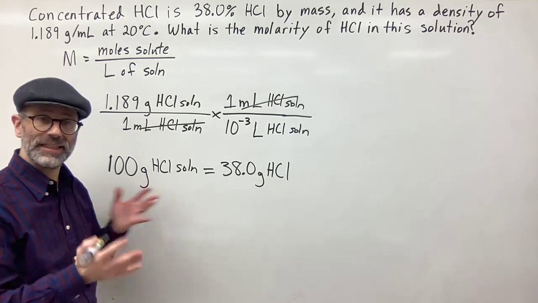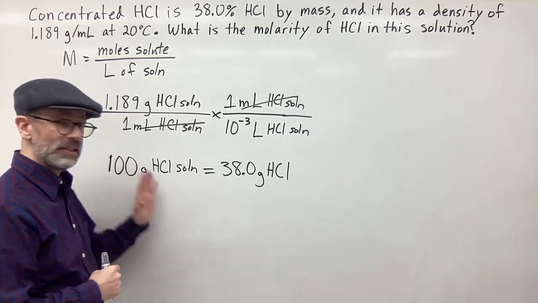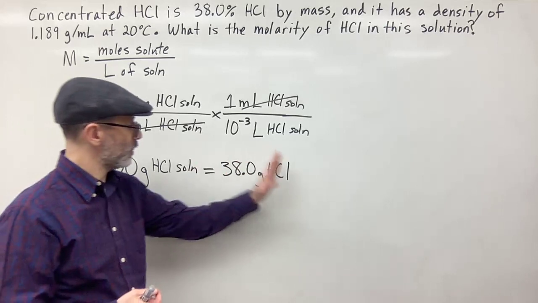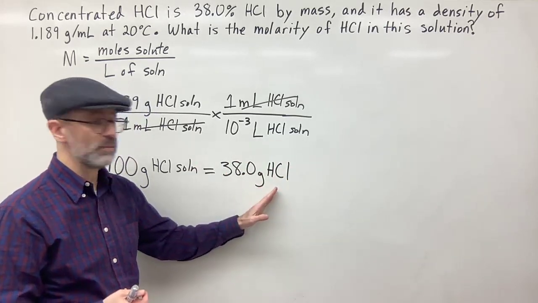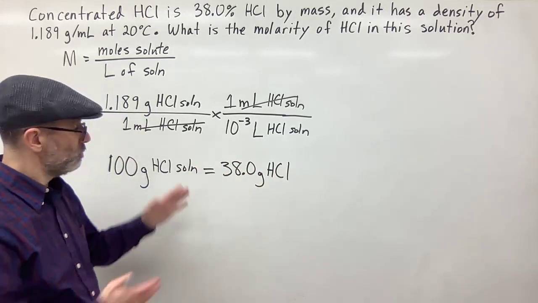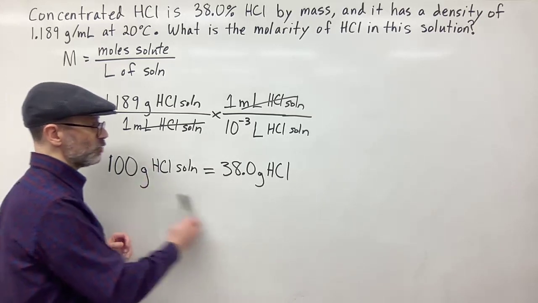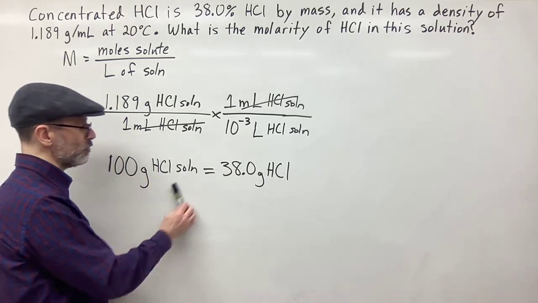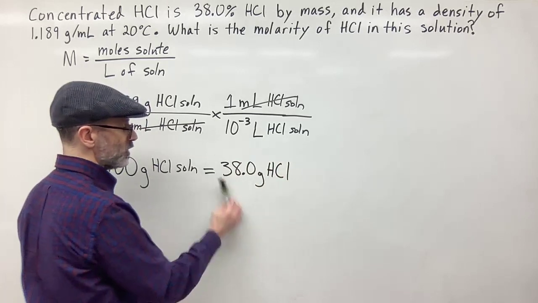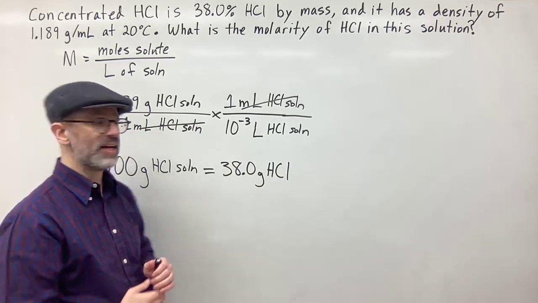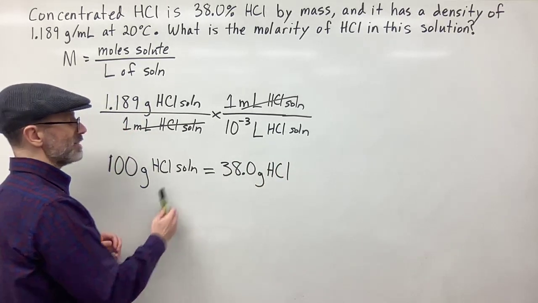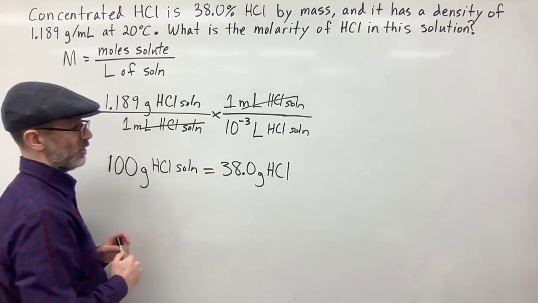But if it's a pure HCl solution, then the rest of it would be water. And then you got 38.0 grams of HCl. So now that we have this relationship between the grams of solution and the grams of HCl, we can use that as a conversion factor.